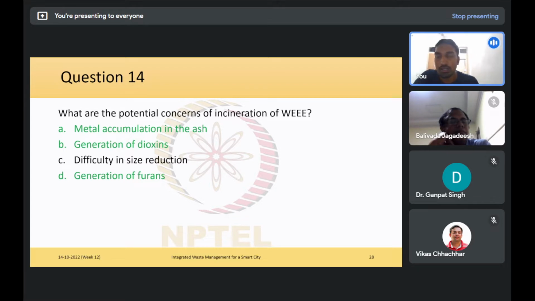Sometimes we reuse the ash for some purposes, and even in those cases contamination will be an issue. But the bigger issue is when we dispose of it. When it has to go to a landfill, these metals could leach out and contaminate our soil and groundwater. That's why it's a concern.